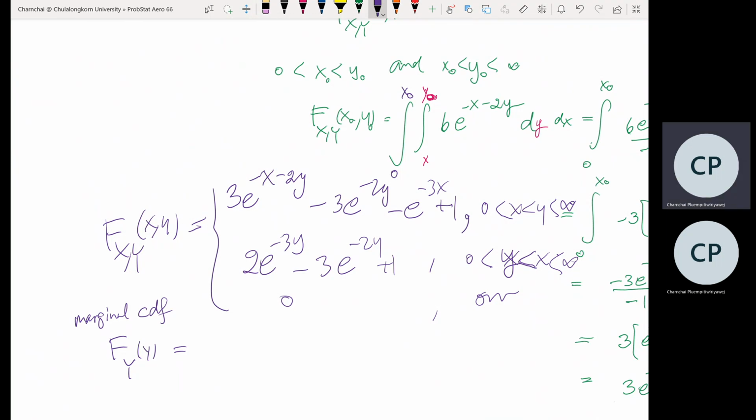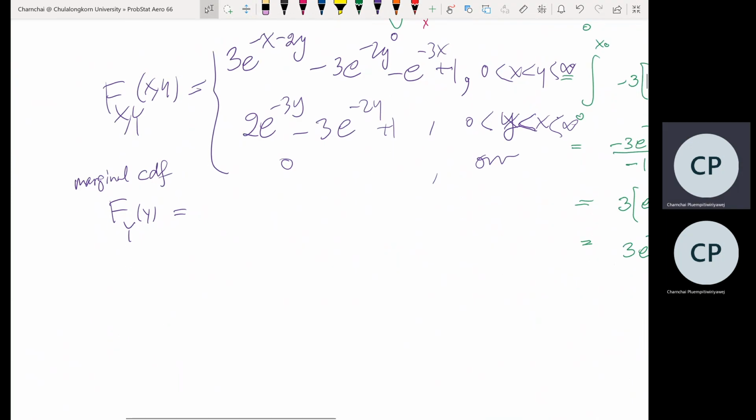You integrate the joint PDF, right? But this is the CDF, the joint CDF. Okay, remember, if we want to find the marginal y, what do we do?